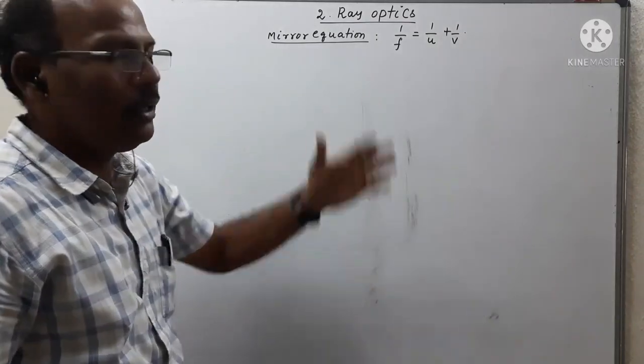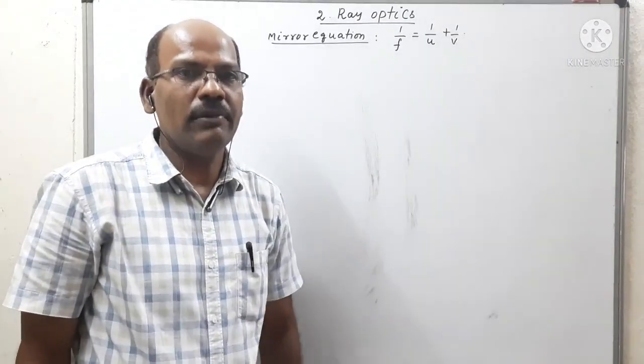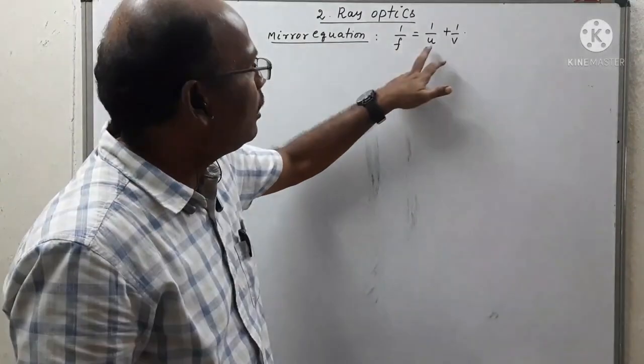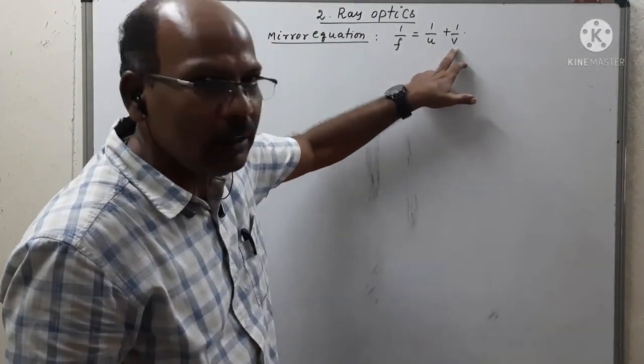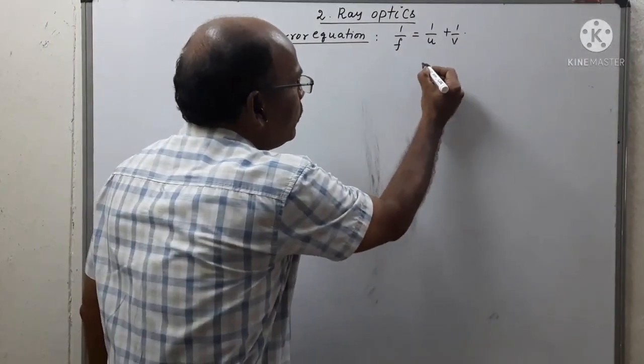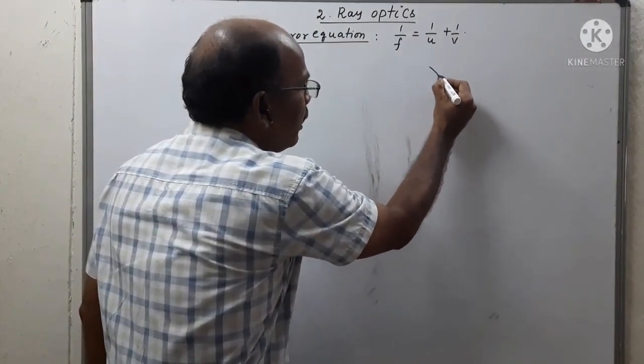How do we derive the mirror equation? The equation which explains the relation among focal length, object distance and image distance. In order to derive this relation, we use a simple diagram.